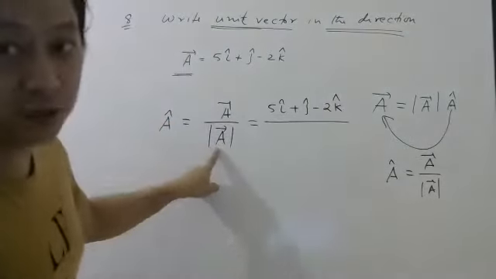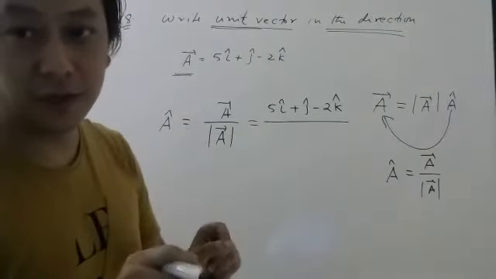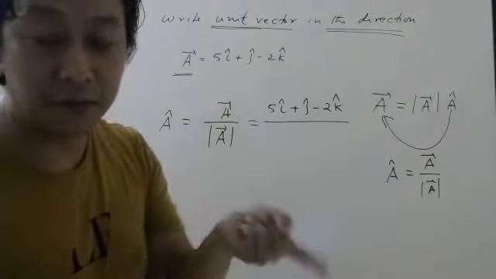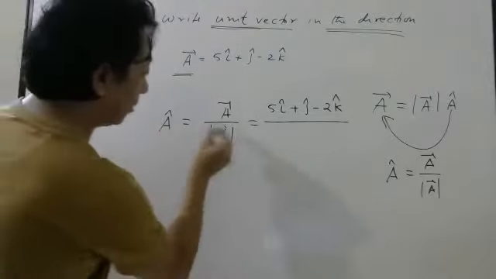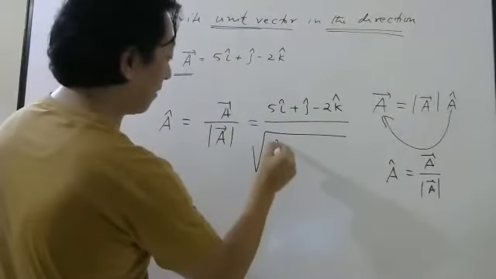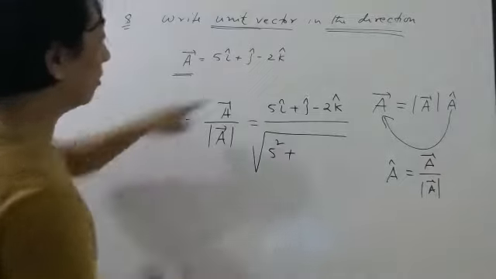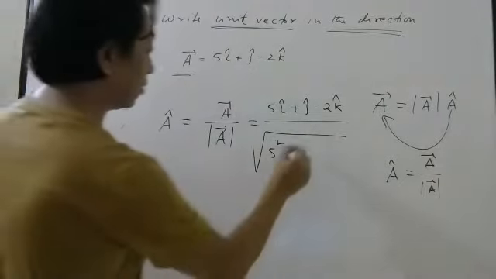And those who don't know till now how to find the magnitude of a vector, stop the video, go back and revise the previous videos. So what is the magnitude of this vector? Root over x component square, 5 square, plus, what is the y component? Y component is 1 square.